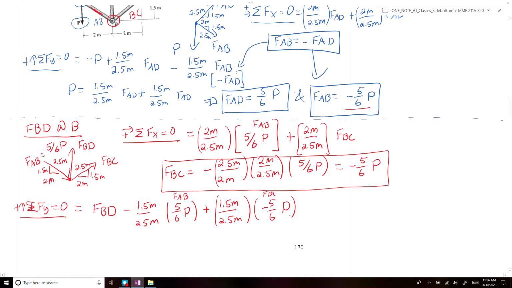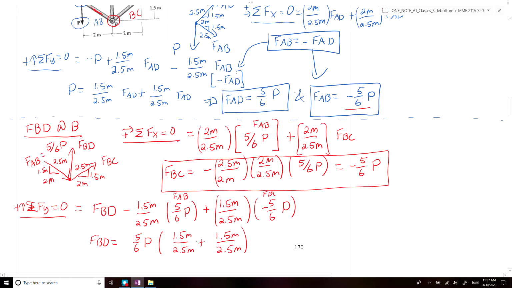All right. So if we rearrange this equation, we end up getting that FBD is equal to 5/6 P times 1.5 meters over 2.5 meters plus 1.5 meters over 2.5 meters.